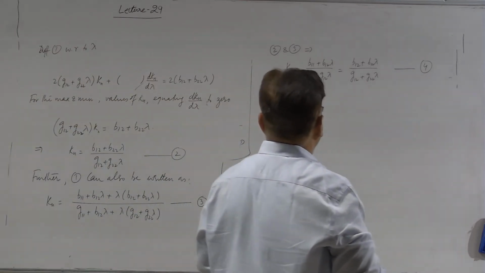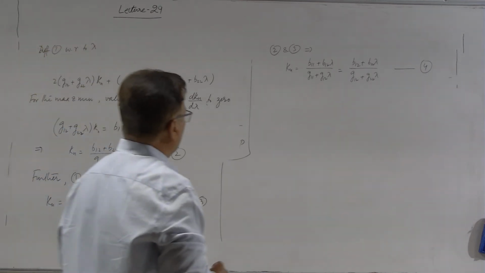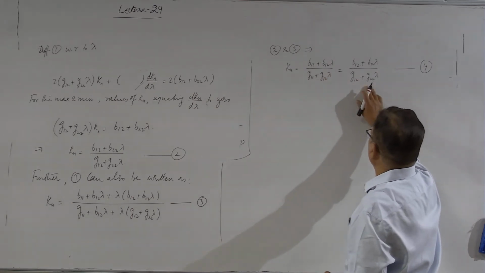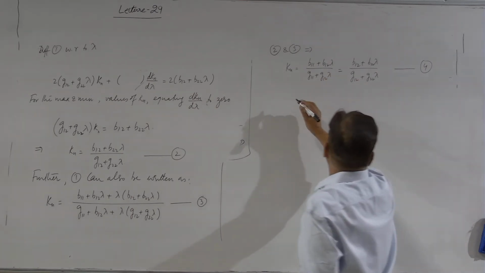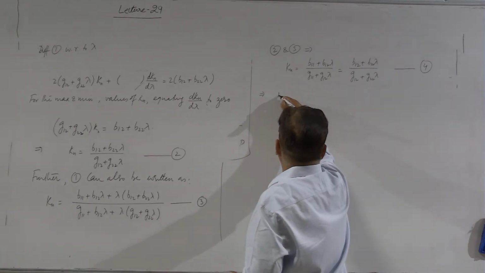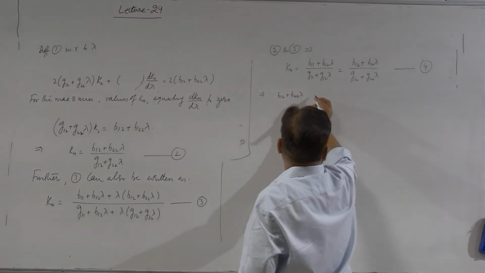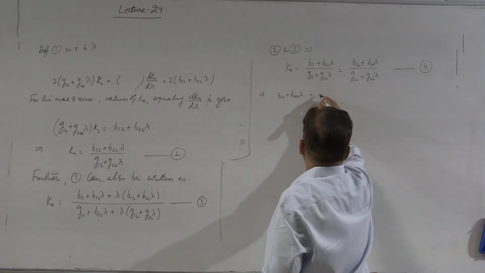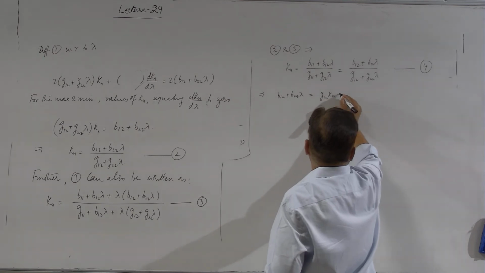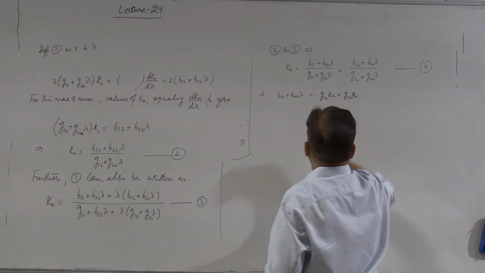Now I will simplify the last expression. First I will take the first and the last term together. So this implies B12 plus B22 lambda equal to G12 into Kn plus G22 Kn lambda.